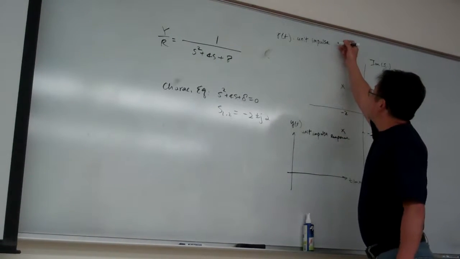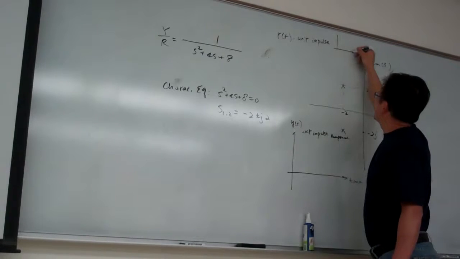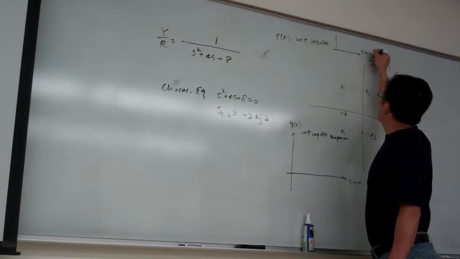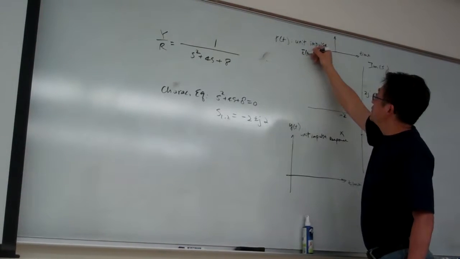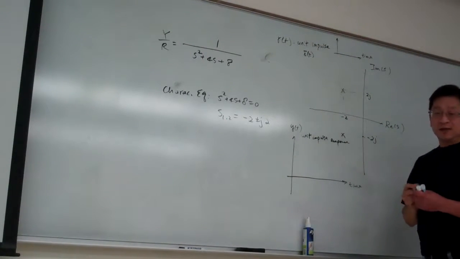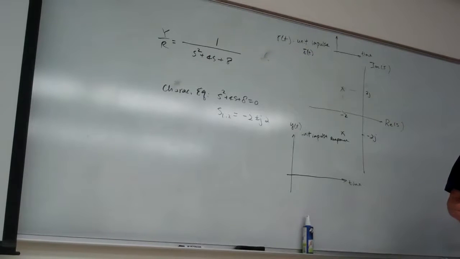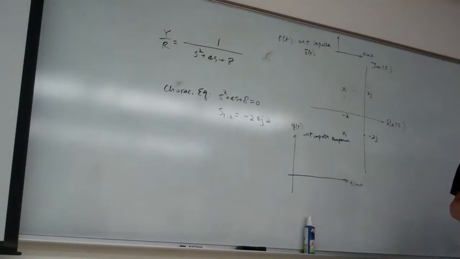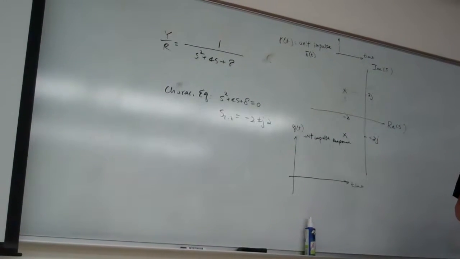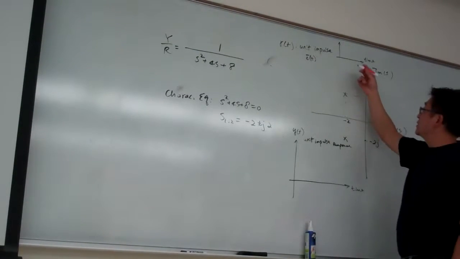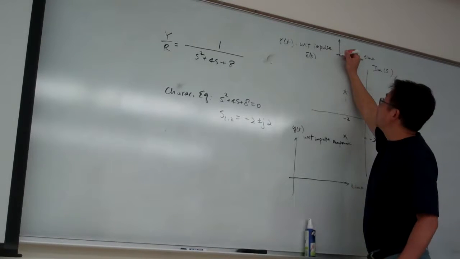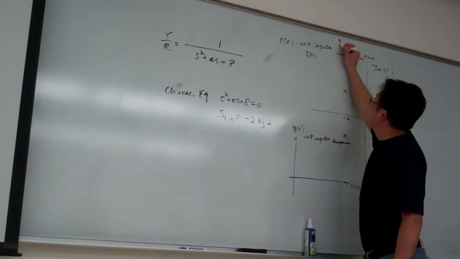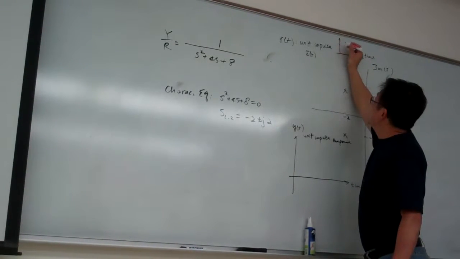So what is a unit impulse? If this is time, then the unit impulse I provide in the problem statement is delta(t). If you remember, in the beginning when we introduced the Laplace transform tables, delta(t) means at time equal to 0, initially we give an impulse signal with magnitude equal to 1.